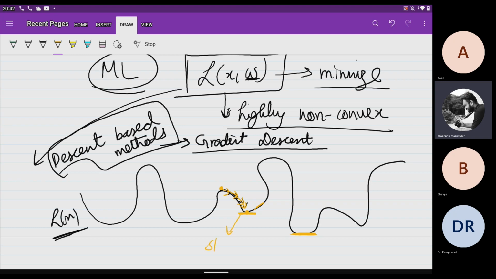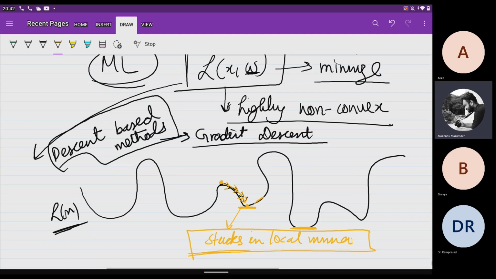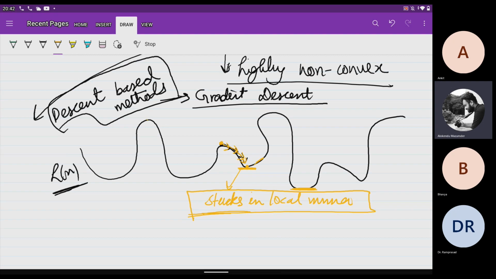That's a very common problem in all machine learning and deep learning. Gradient descent gets stuck where the gradient of the function is zero. As you can see, at these points the gradient is zero, so wherever it finds the gradient is zero, it will get stuck there.